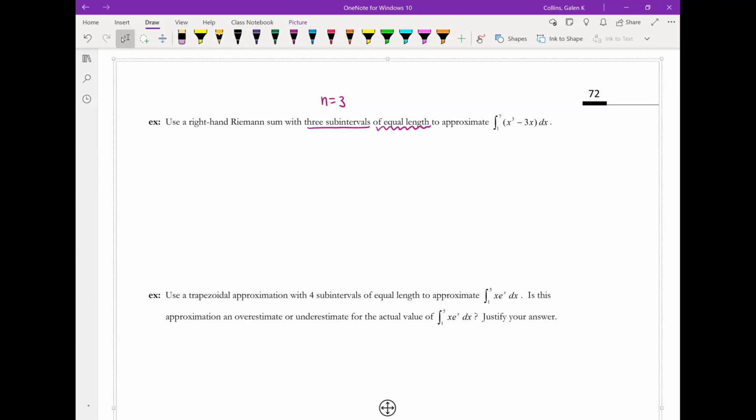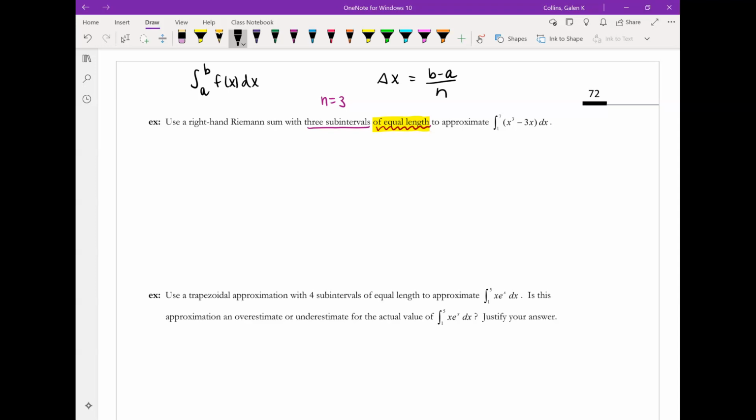For our definite integral, remember our lower bound is represented with a, our upper bound with b, and then that's our function inside. If our subintervals are of equal length, then our delta x, the length of our subinterval, is equal to b minus a over n.